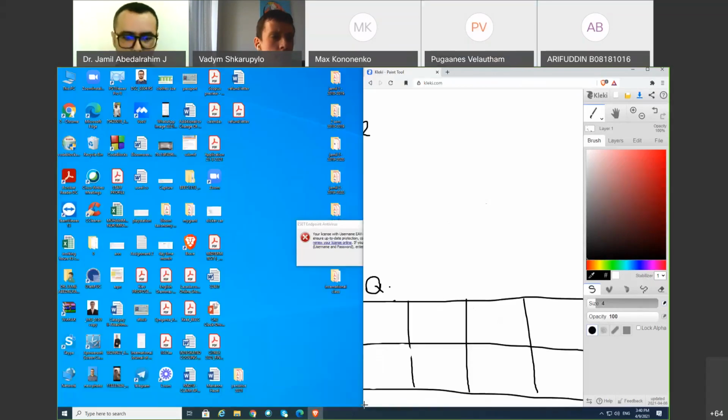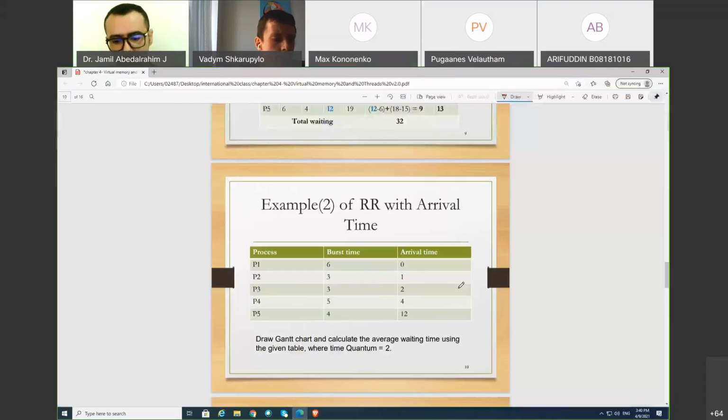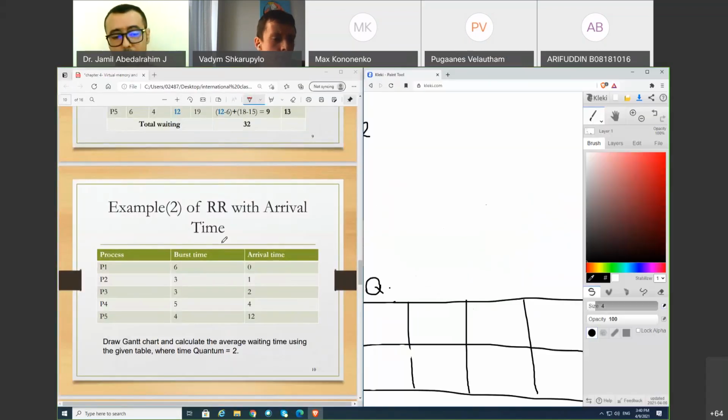So here, the given quantum is 2. The given quantum is 2.